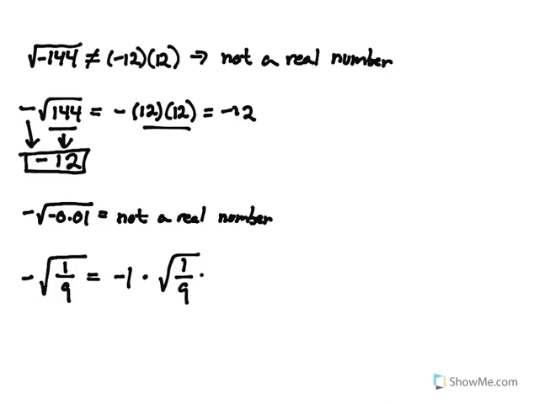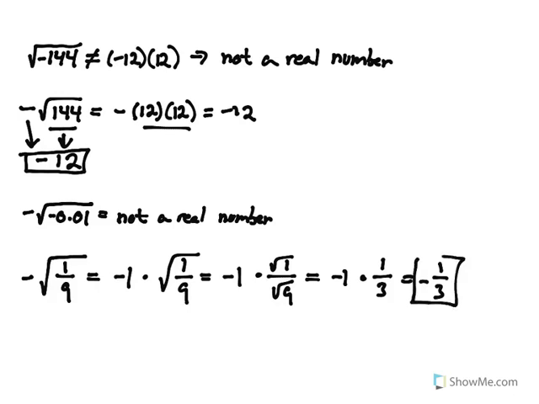So if you simplify that, negative 1 times, now remember, the square root of 1 and the square root of 9, you can write that as two separate radicals. The square root of 1 is 1, and the square root of 9 is 3. Then 1 times 1/3 is still 1/3, and a negative times a positive is still a negative. So this would be your final answer for that.